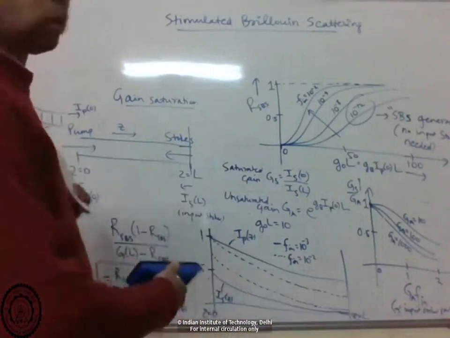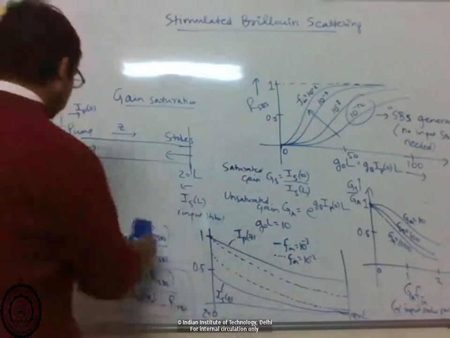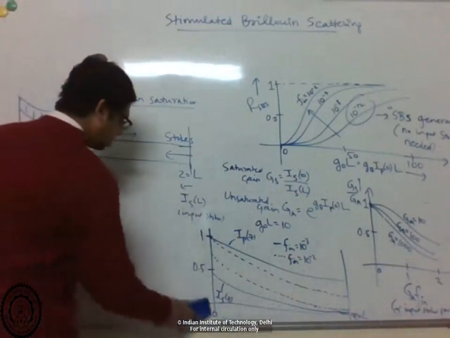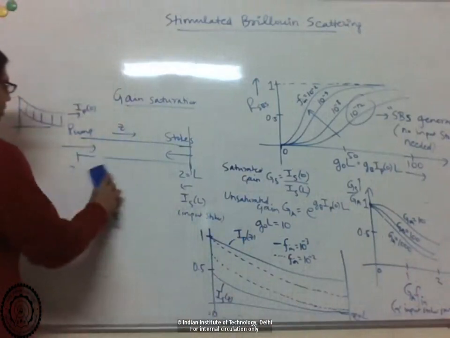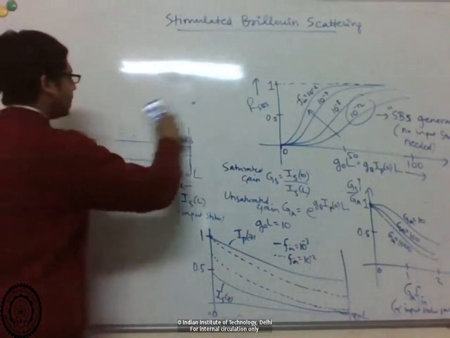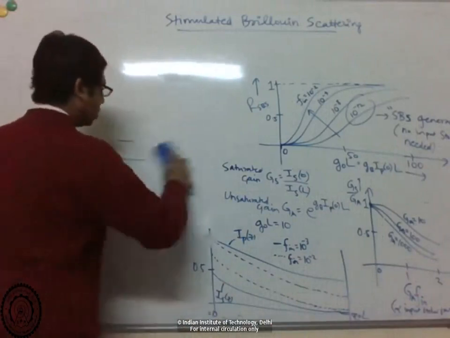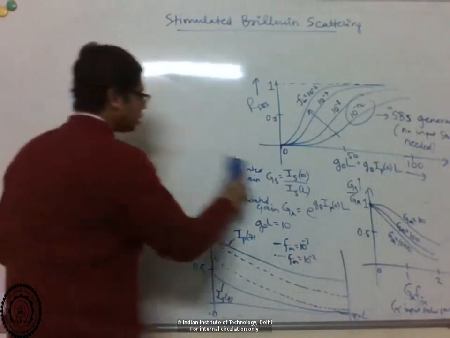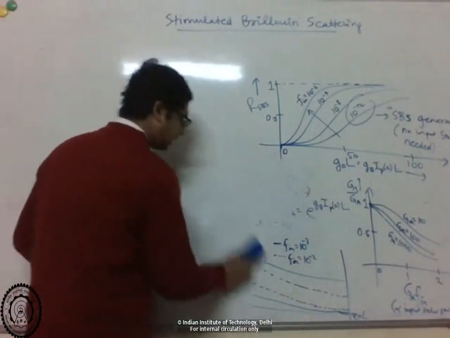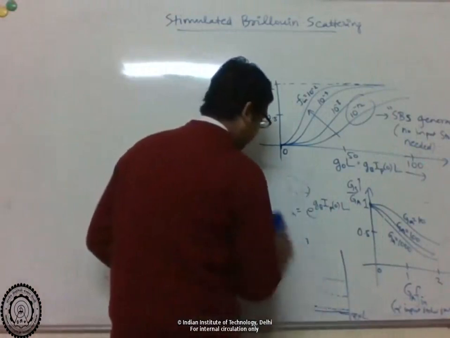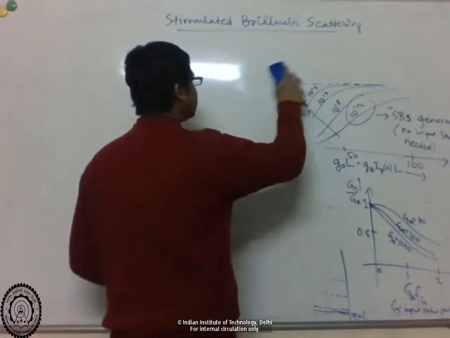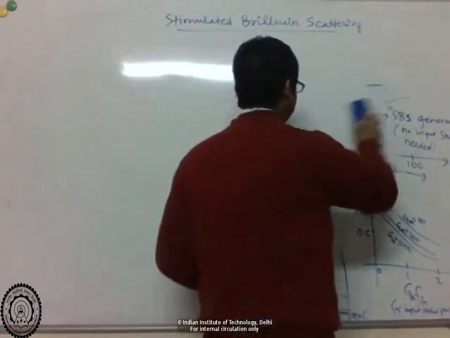Similarly, you can make Brillouin lasers. Just like Raman lasers we saw, you also have Brillouin lasers where you do this SBS inside an optical cavity. It's exactly the same. What we discussed for Raman is exactly the same effect happening here, except the frequencies involved are a bit different.